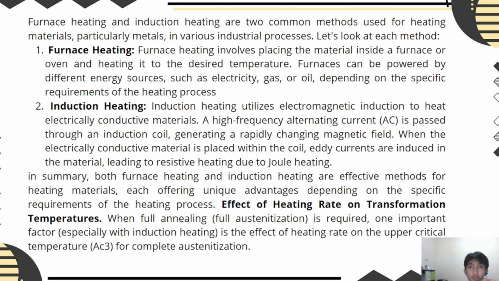Furnace heating involves placing the material inside a furnace or oven and heating it to the desired temperature. Furnaces can be powered by different energy sources such as electricity, gas, or oil, depending on the specific requirements of the heating process. And two is induction heating.